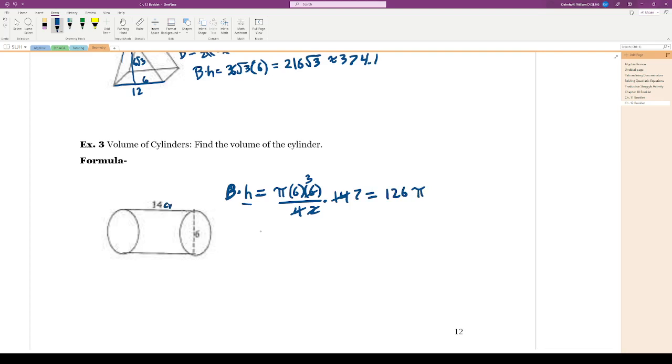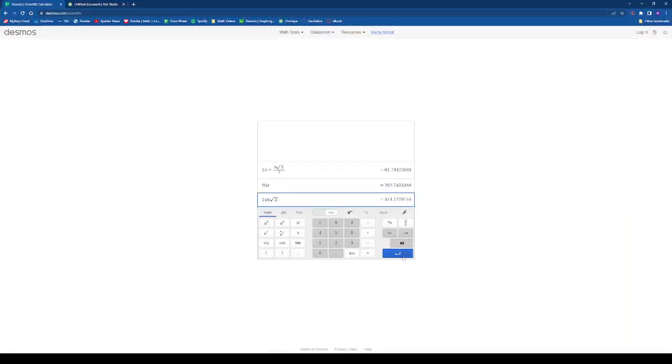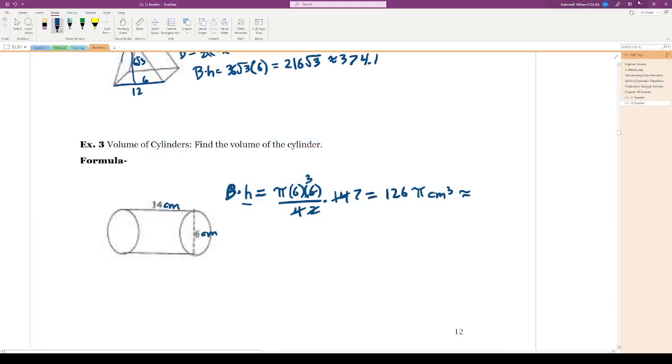Let's call these centimeters, and we'll make this cubic centimeters, which is approximately 126 pi, 395.8. So about 395.8 cubic centimeters is how many would fit inside.